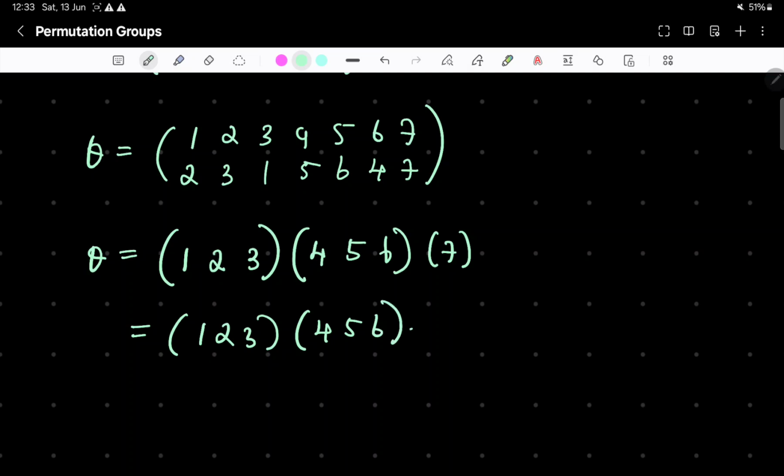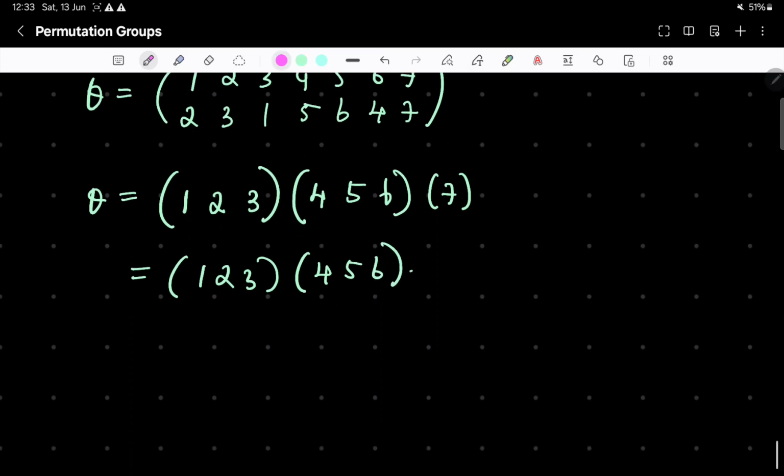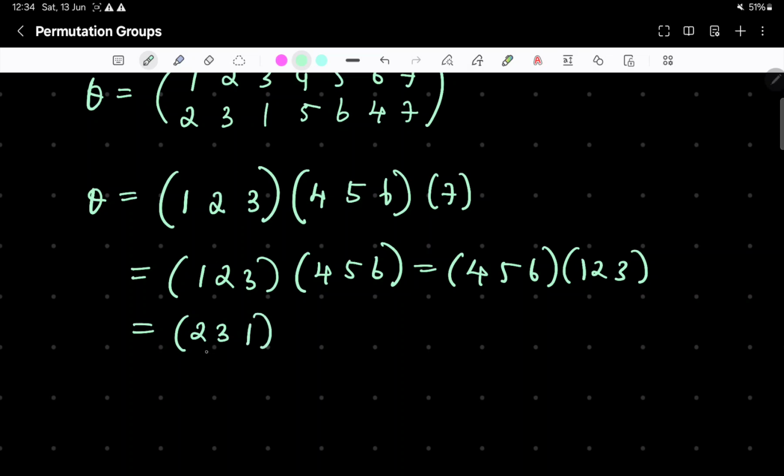Okay. Now note the cyclic permutation. This is actually equal to this, no problem. You can write it like this also. Also you can write the cyclic permutation, for example, 1 2 3, the same 1 2 3 we will notate this also. You can permute cyclically 2 3 1, no problem.